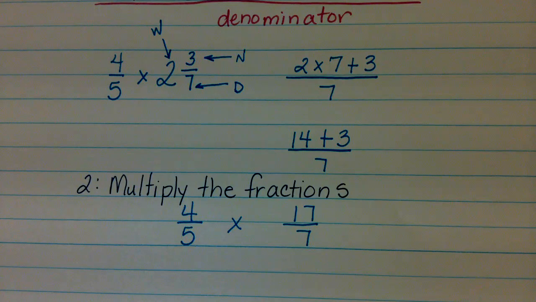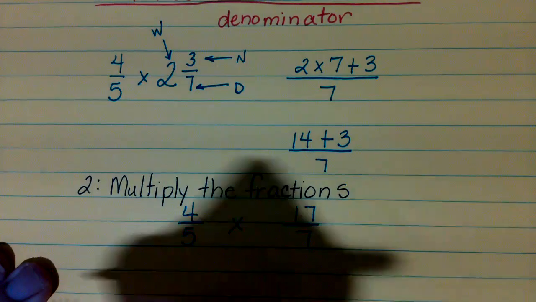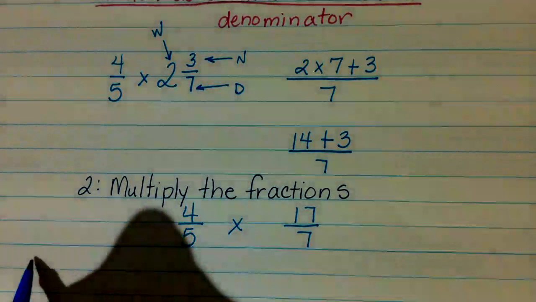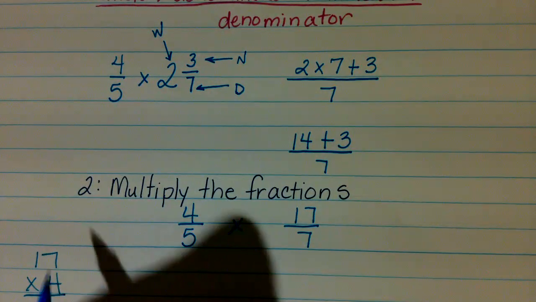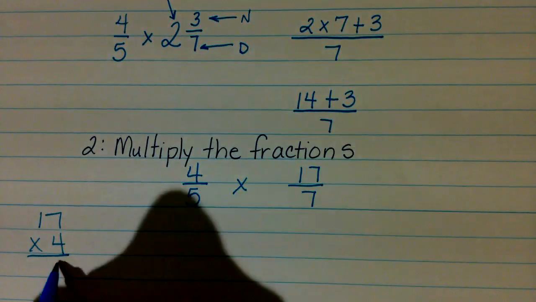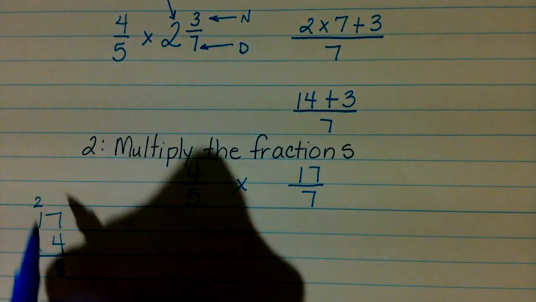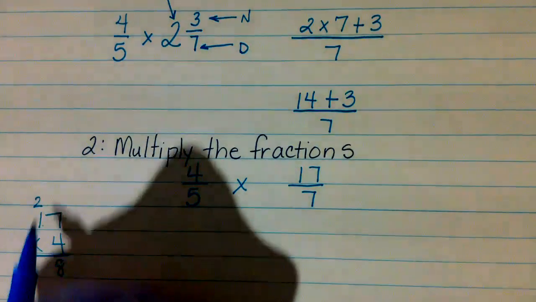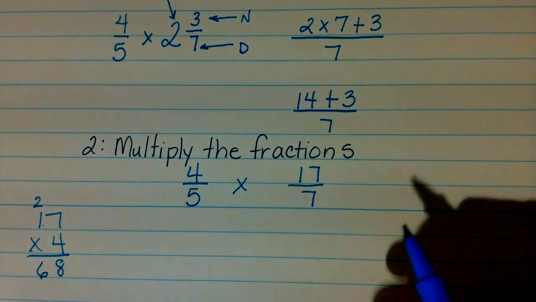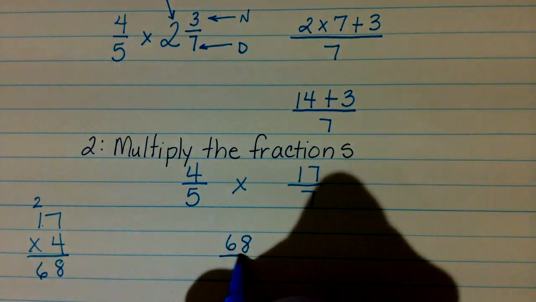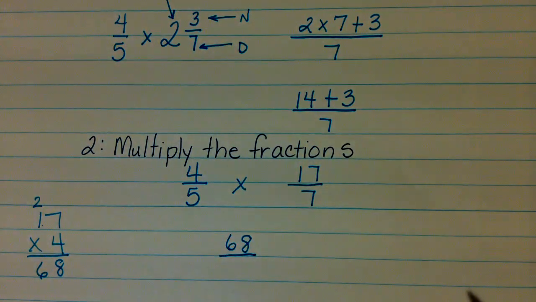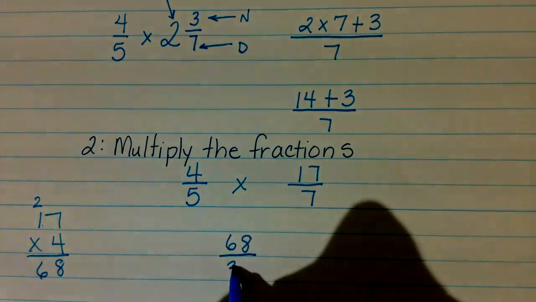So we're going to do 17 times 4. And I'm going to do that kind of off to the side over here because I need to figure it out. 7 times 4 is 28. 8 carry the 2. 4 times 1 is 4, plus 2 is 6. So my numerator will be 68 over 5 times 7, which is 35.